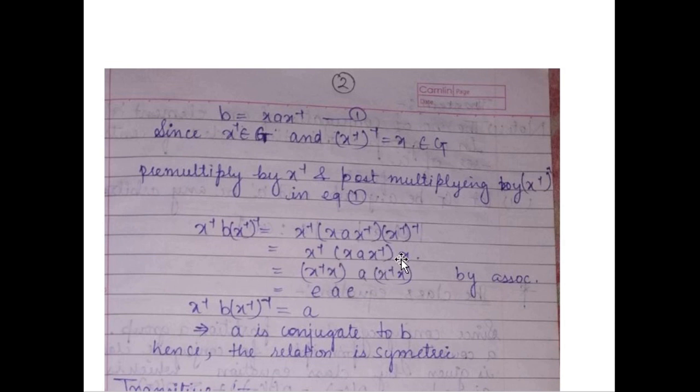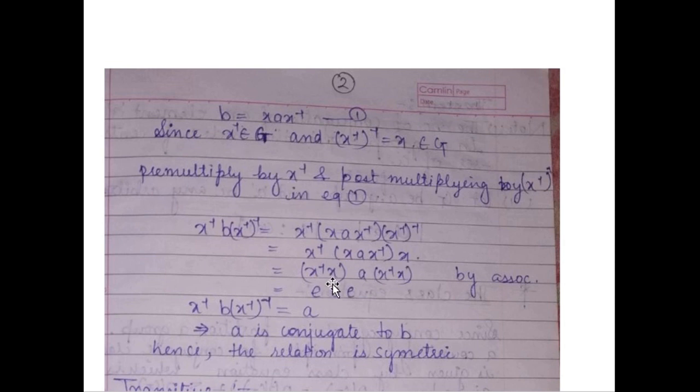And now we apply associativity. Since all these elements are elements of G, which is a group, multiplication is associative over the elements of G. So we use that associativity.